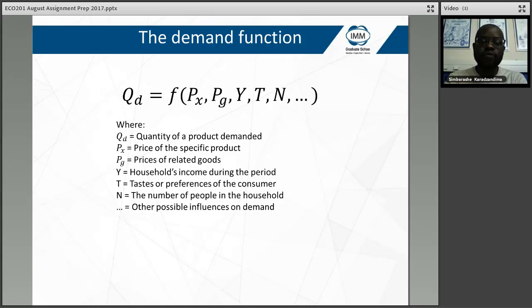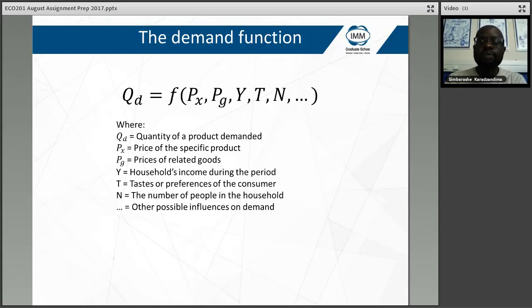For example, if you used to buy second-hand clothes, when your income increases, you start buying brand new clothes. It simply means that the demand for the second-hand clothes is going to decrease because your income has gone up. So in that case, second-hand clothes become inferior goods.